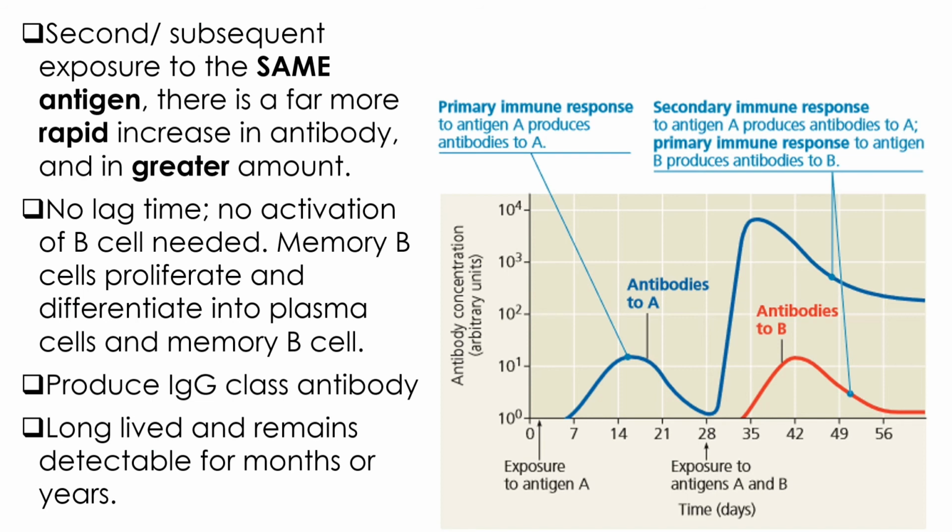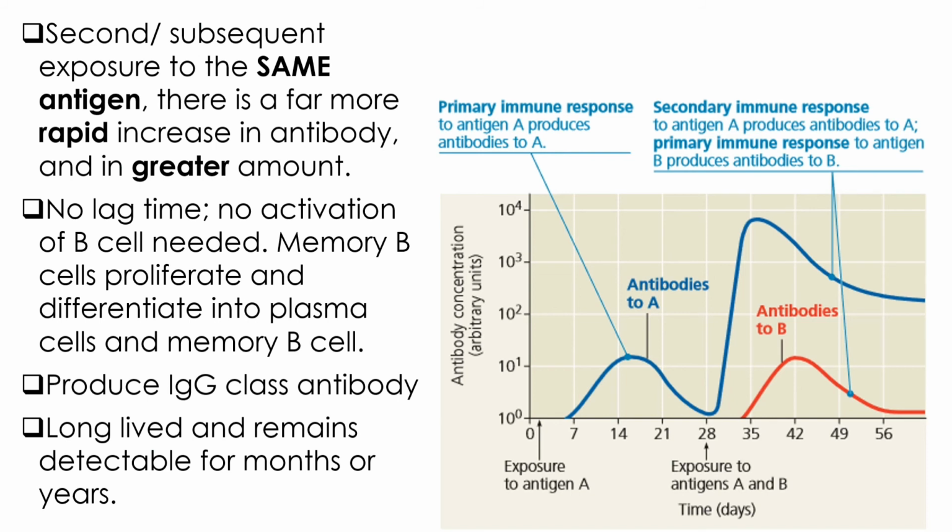Plasma cells can immediately produce antibodies, hence leading to an increase in the antibody concentration in the body almost immediately after exposure to antigen A. We can see that the secondary response will provide a faster response compared to the primary immune response following antigen exposure.